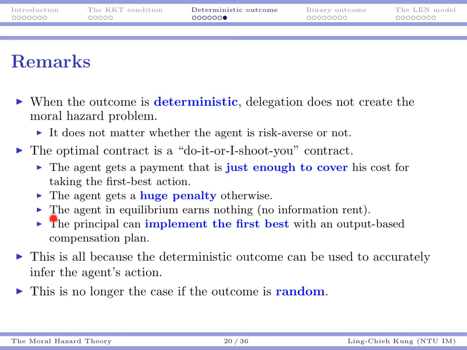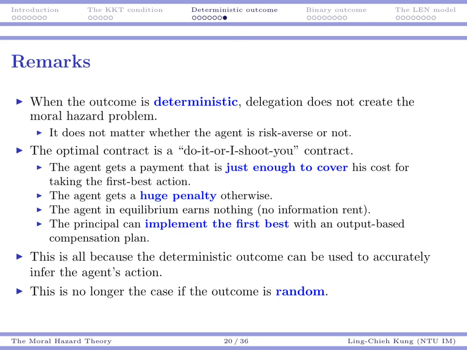So the agent in equilibrium earns nothing, which means there is no information rent, even though there is a piece of hidden information, a hidden action. It doesn't really help the agent. The principal can always implement the first best with an output-based compensation plan.